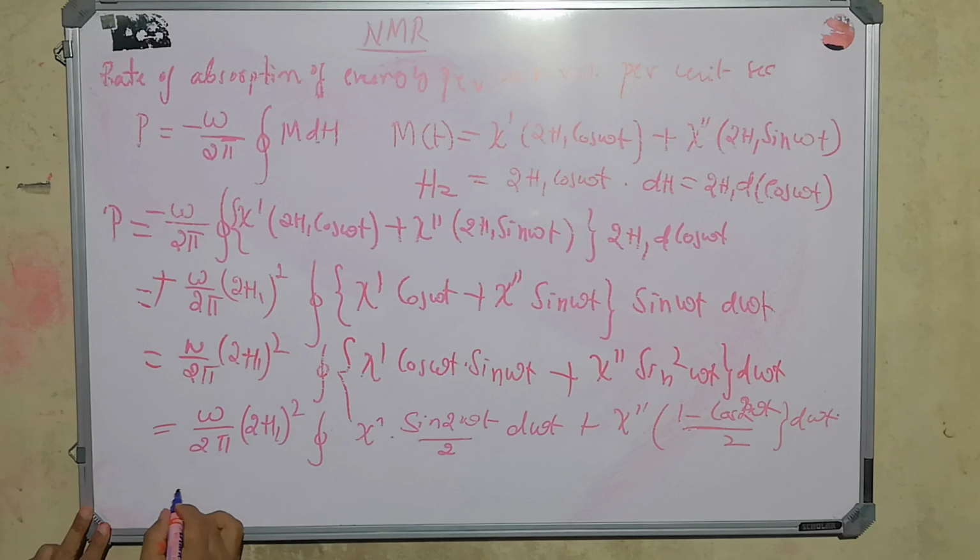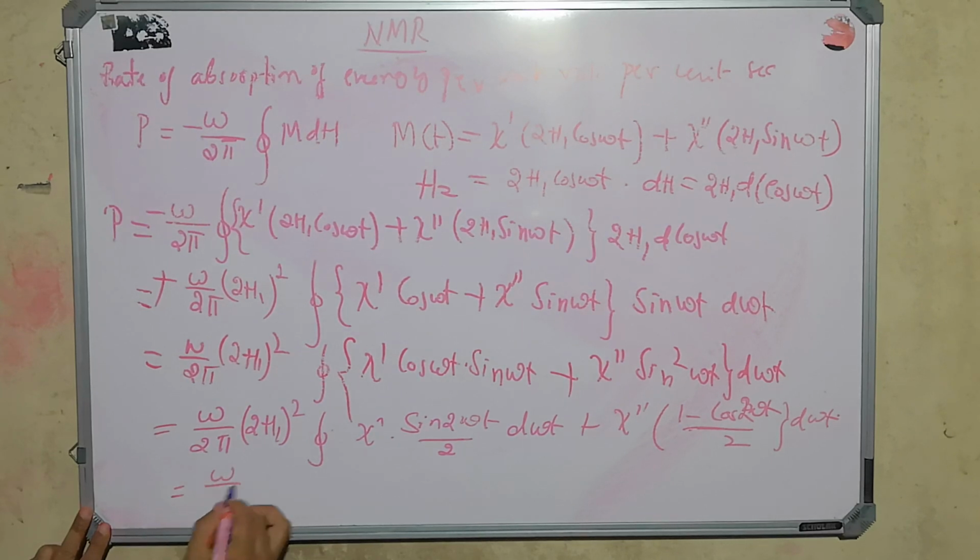So now here this is equal to omega by 2 pi into 2h1 whole square integration.